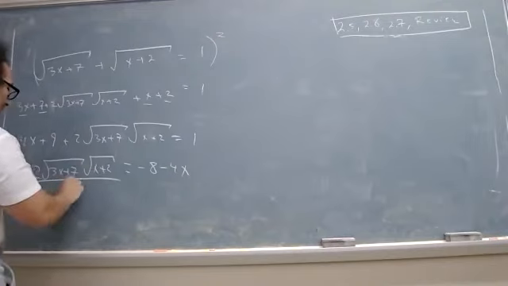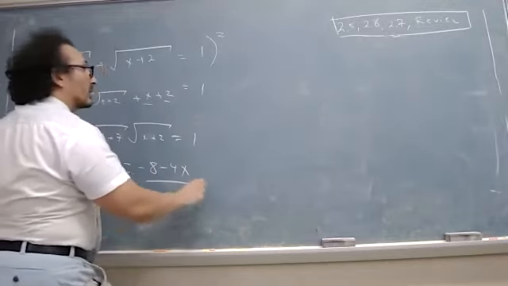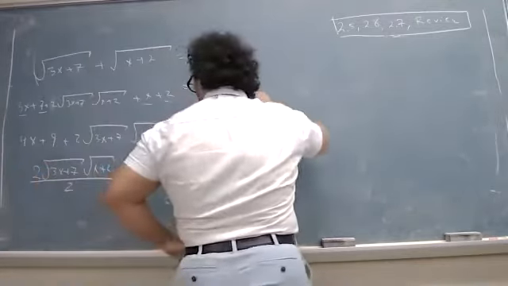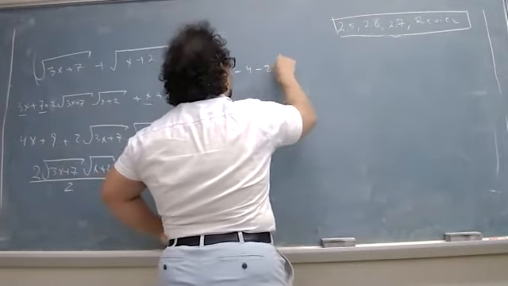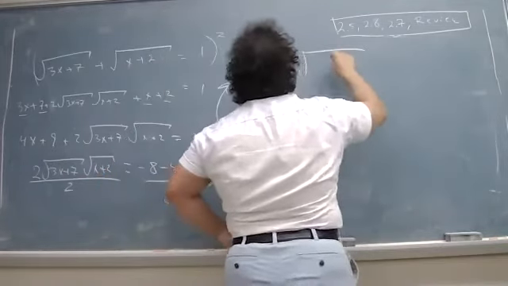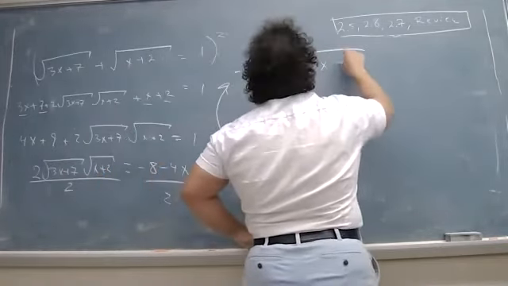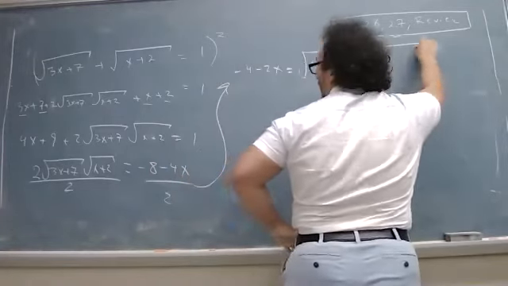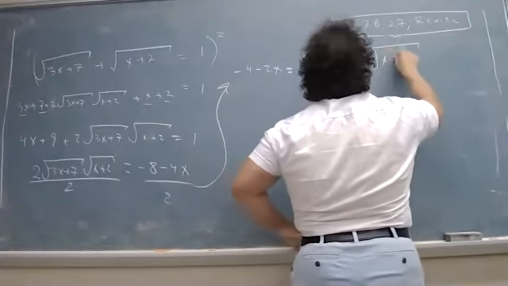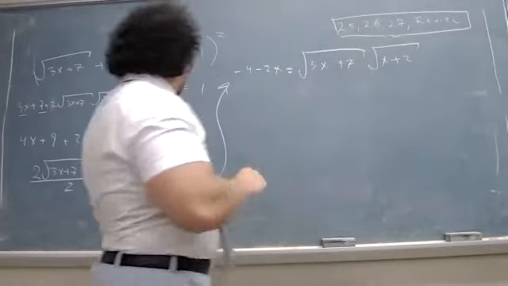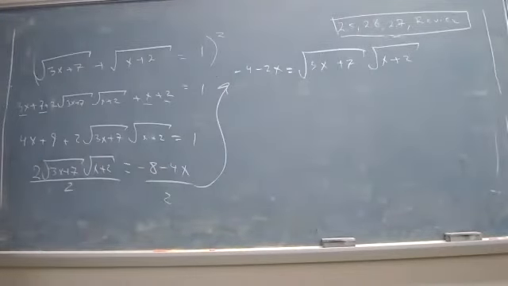Then what I can do is divide both sides by 2. Bring the calculation over here. This becomes a negative 4 minus 2x is equal to the square root of 3x plus 7 times the square root of x plus 2. Okay.